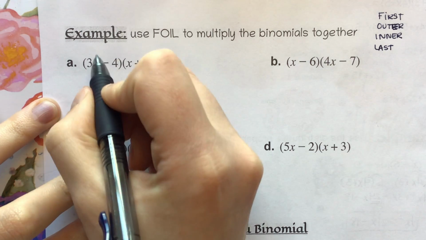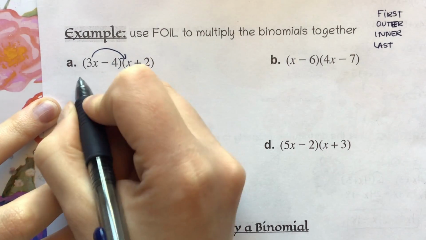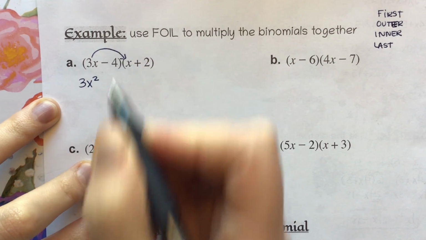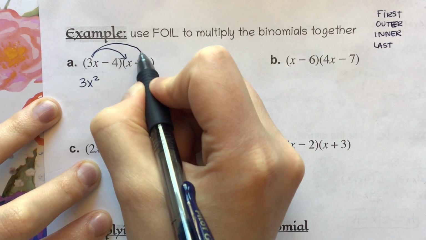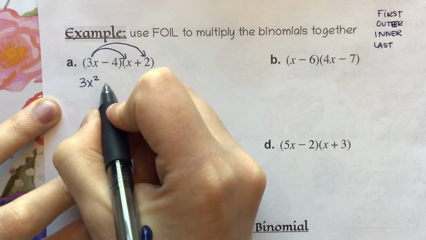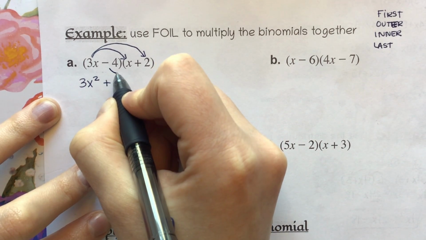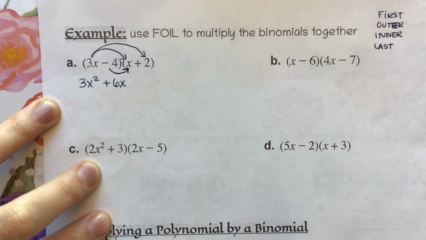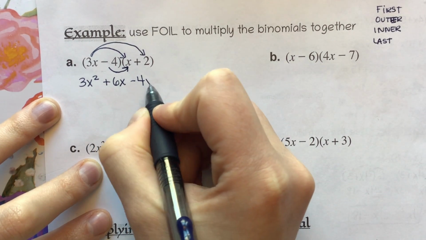There we go. So first, that's going to be 3x times x. So that is 3x squared. Outer is going to be 3x times 2, which is plus 6x. Inner is negative 4 times x. It's negative because of that minus sign in front, so that is minus 4x.